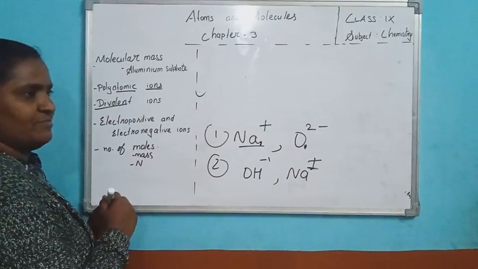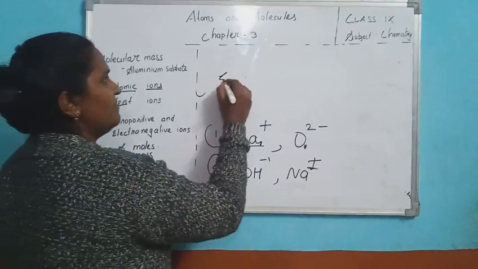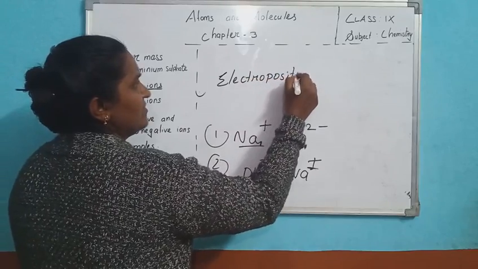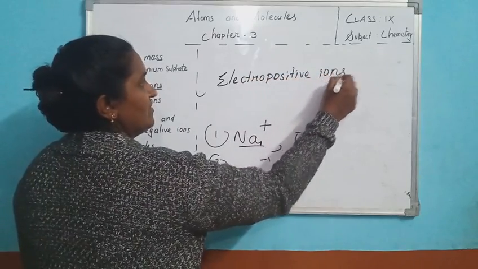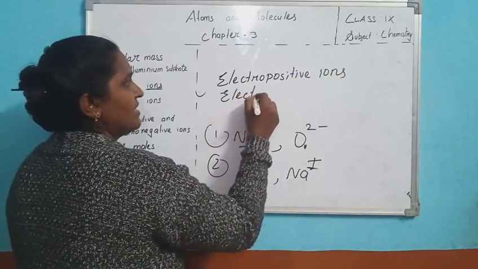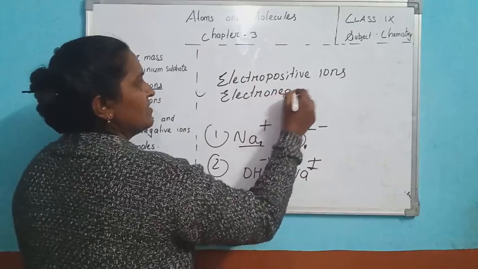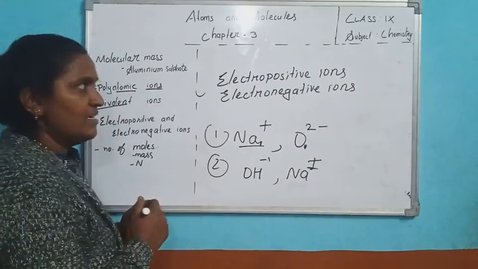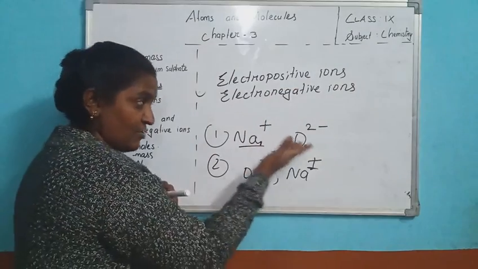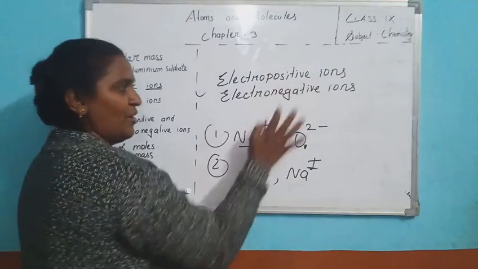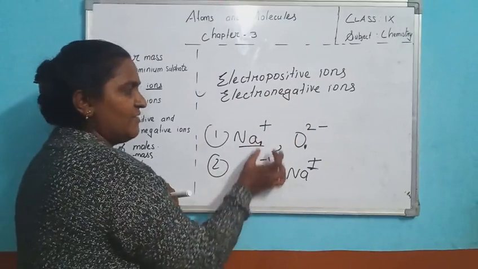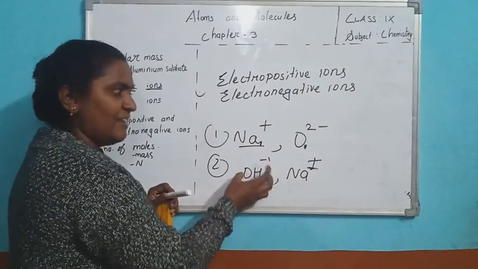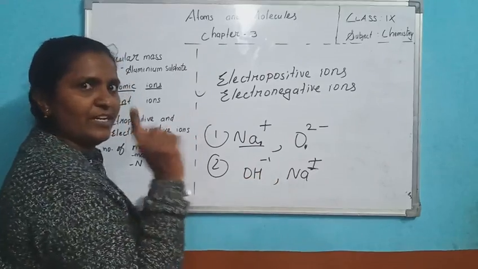Next one is electropositive and electronegative. What are electropositive and electronegative ions? The charged particles or radicals which carry positive charge are called electropositive. The charged particles or radicals which carry negative charge are called electronegative.